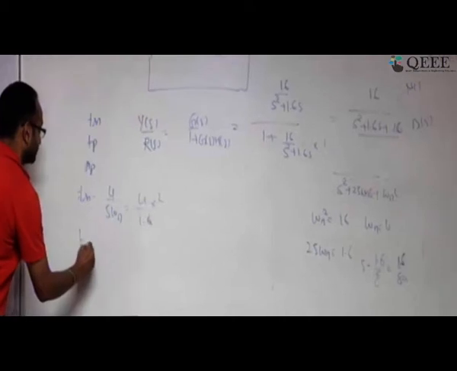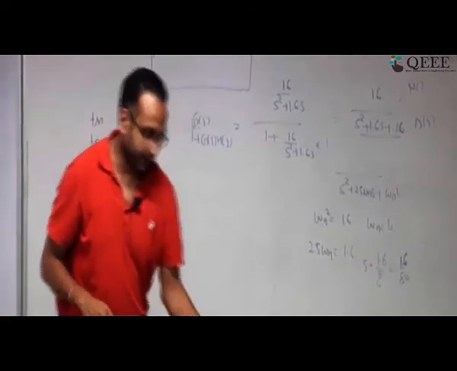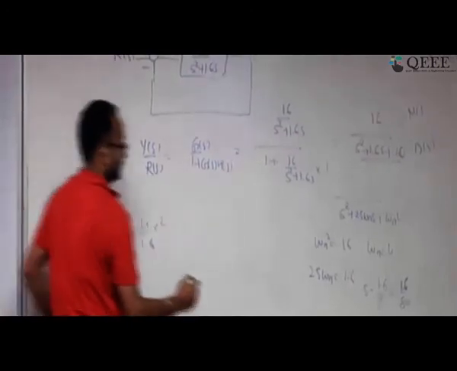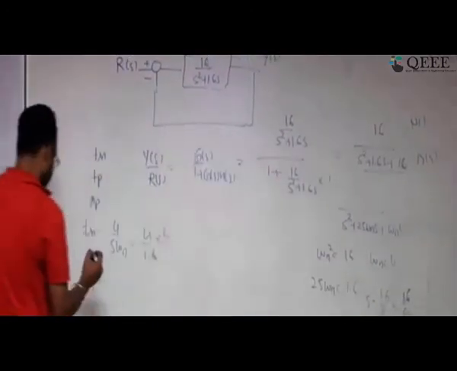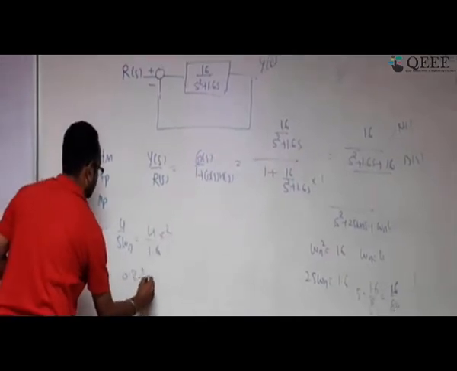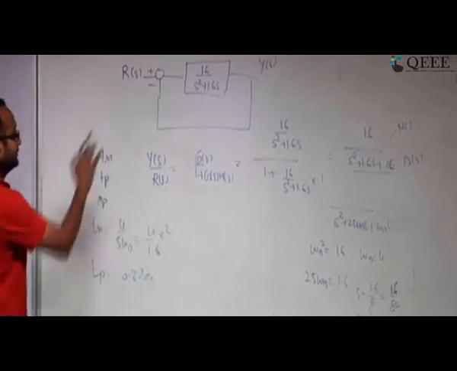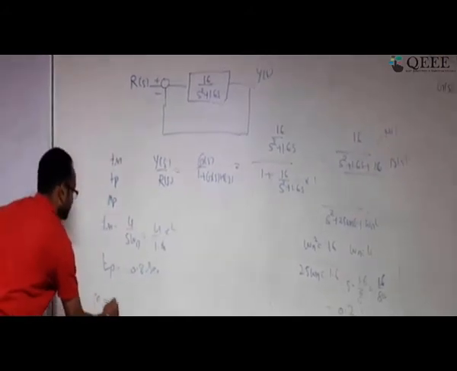Similarly, I can find out the peak time. Zeta comes as 0.2, I am writing the value which I got, and the peak time comes to 0.8 seconds. You can solve it if you have a calculator. This is the numerical value, and you can find out the maximum peak overshoot.